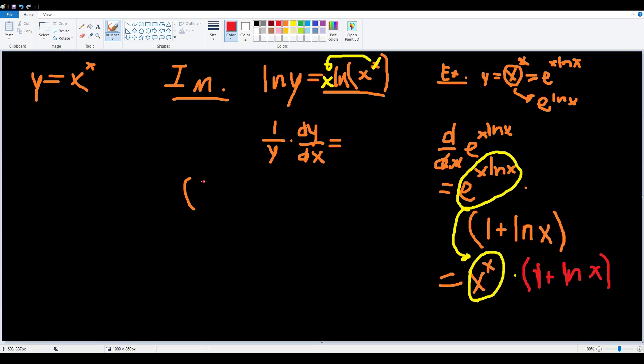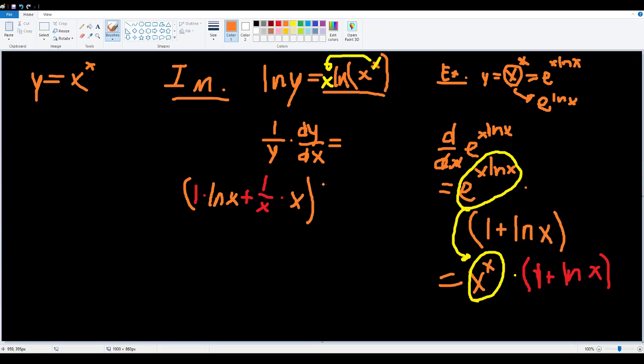Okay, so that would be 1 times ln x, plus the derivative of ln x, times x. Okay, so basic stuff here, you know, this one, derivative of x, which would be 1 times ln x, plus derivative of ln x, which is 1 over x, times x.